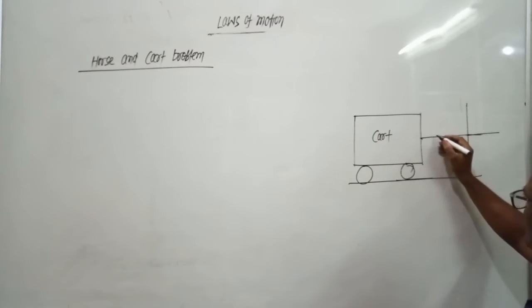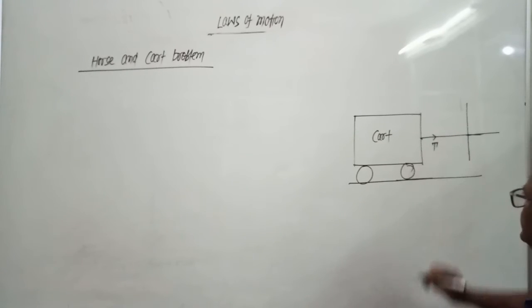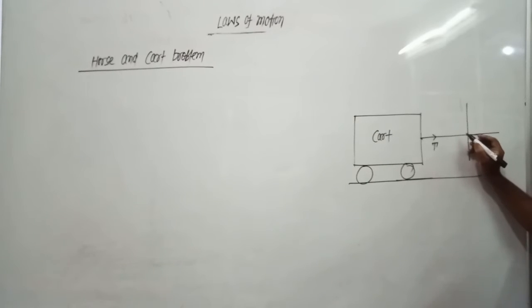So the tension force T acts on the cart in the forward direction. Then from Newton's third law of motion, to every action there is an equal and opposite reaction. So the cart also applies a force on the horse in the opposite direction.